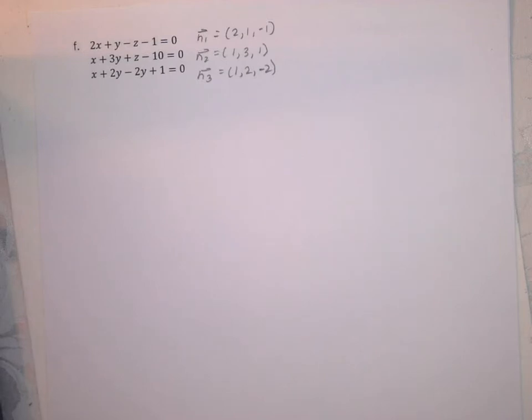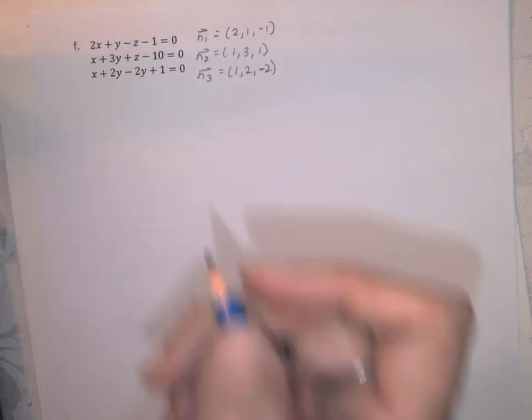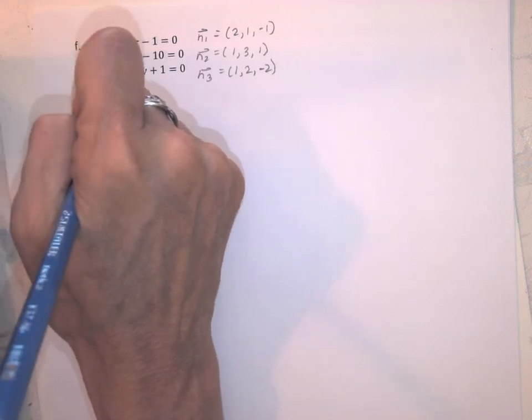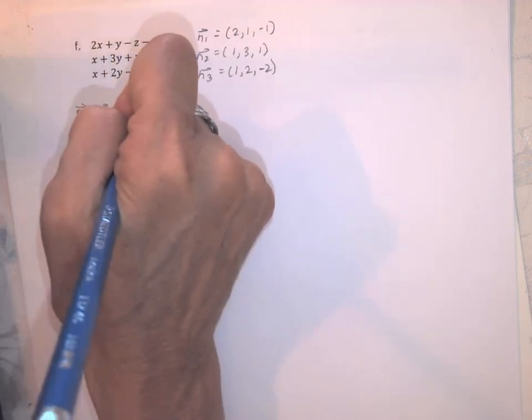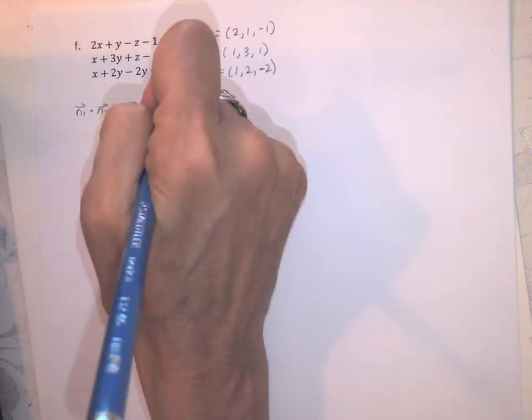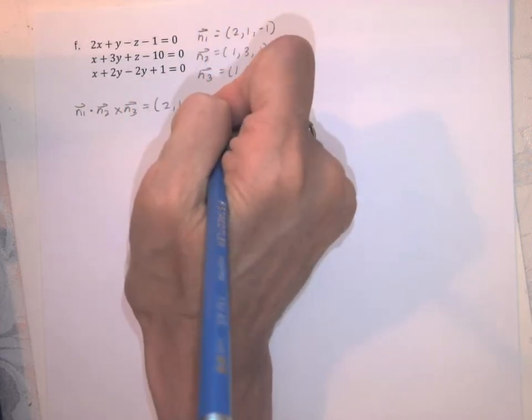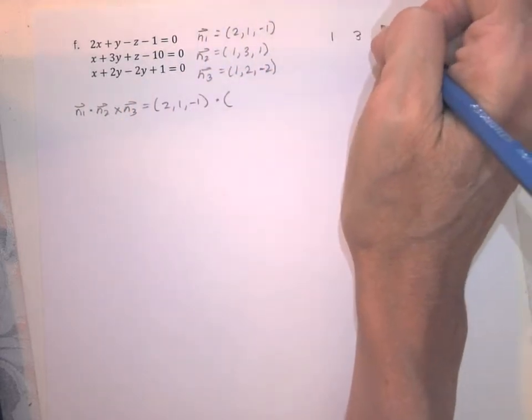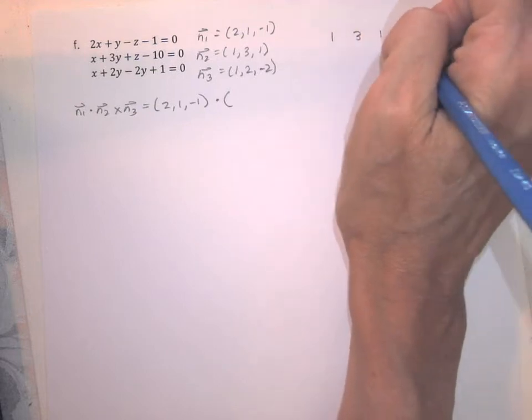So I don't see any scalar multiples. So we're going to see if they're coplanar or not. So checking, I'm going to do N2 cross N3 now.